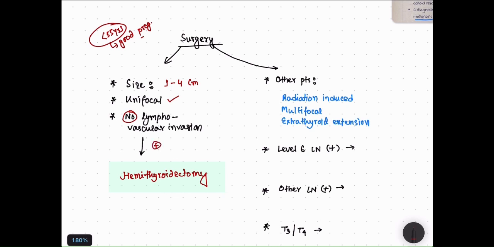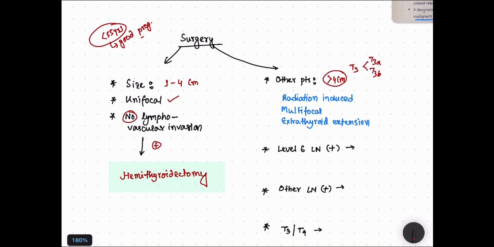But in other patients, where the size of the tumor is more than 4 centimeter, it is a T3 tumor. T3 is T3A and T3B. T3A means the tumor size is more than 4 centimeter and it is restricted within the thyroid gland.